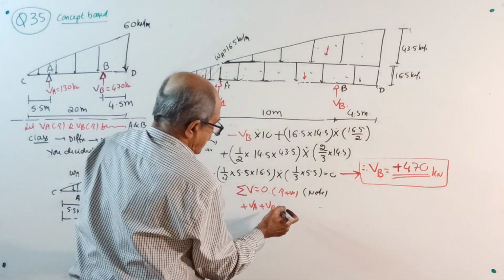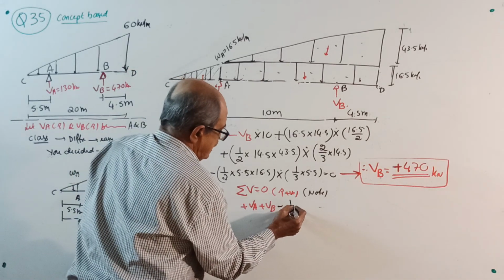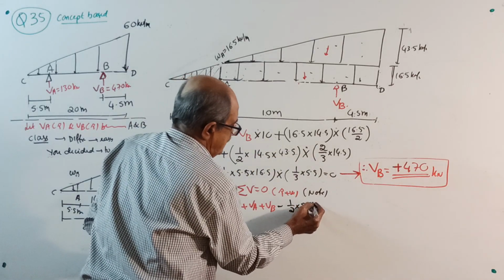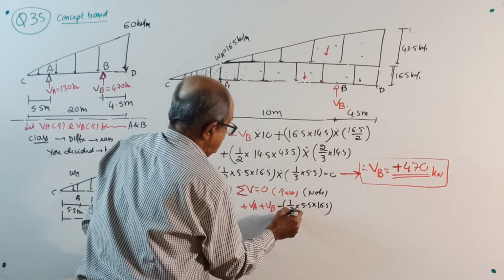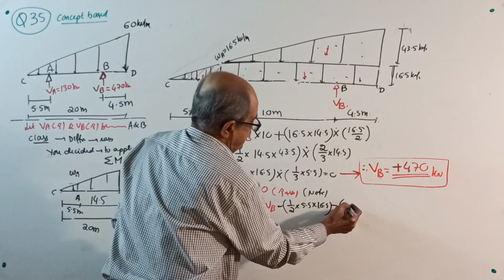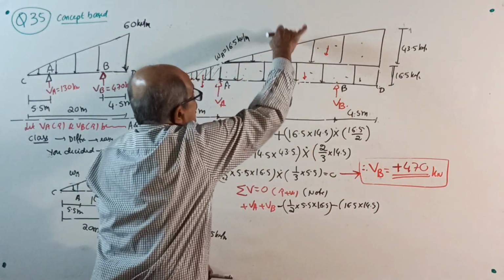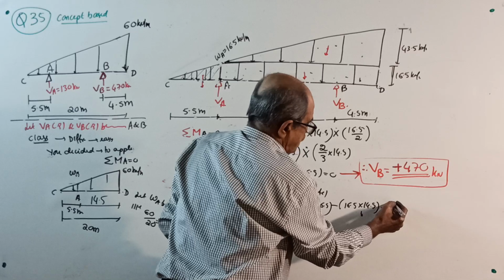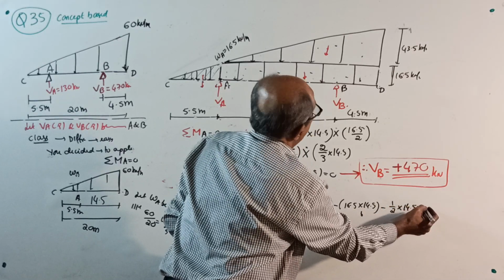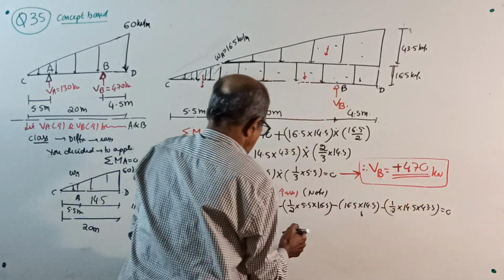See, half into 5.5 into 16.5, 16.5 into 14.5. Minus, all are downwards. Minus half into how much? 5.5 into 16.5. This load minus this load. That is 16.5 into 14.5, minus triangle load, minus half into 14.5 into 43.5 equal to 0.